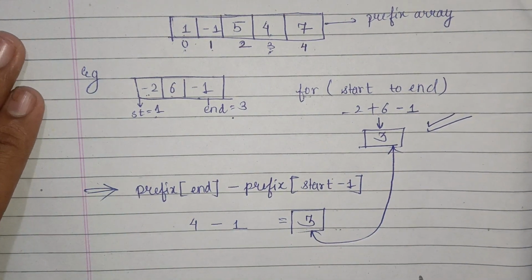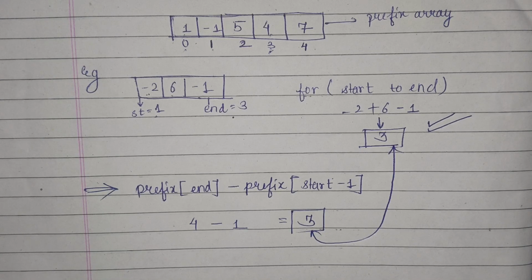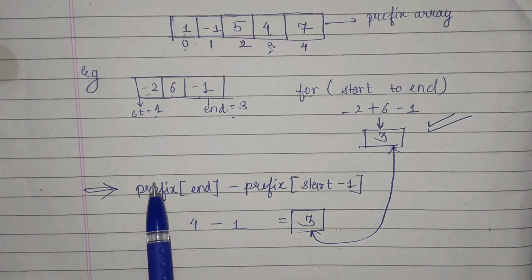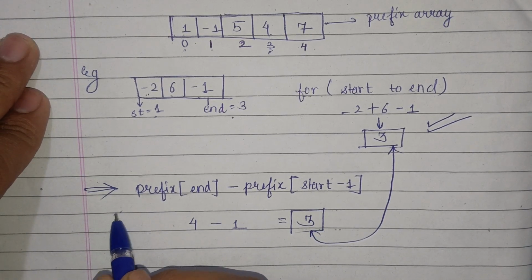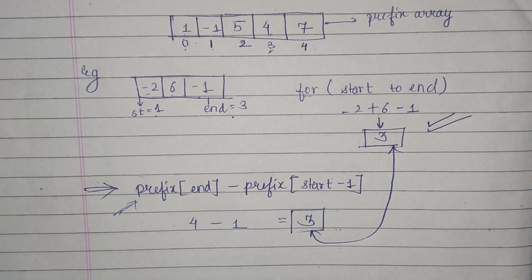In the brute force approach we run a for loop, but in the prefix sum approach we use this formula to find the solution, so it is better than the brute force approach.